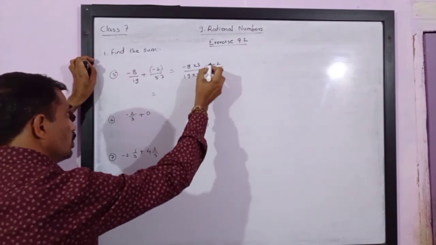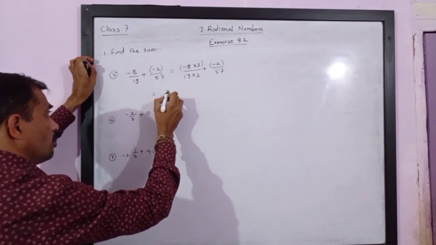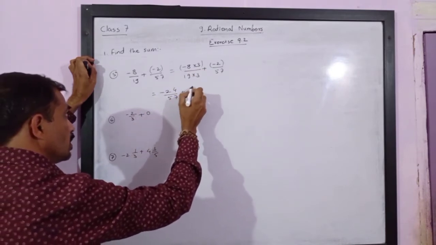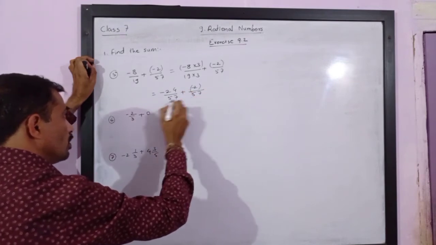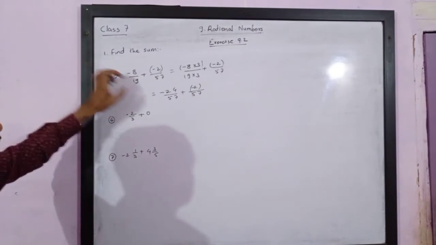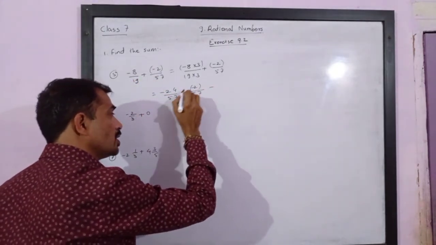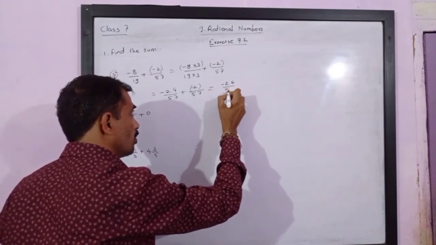This is equal to 8 threes are 24, negative, upon 57 plus negative 2 upon 57. Now note, denominators are same, so numerators can be added. We will get negative 24 plus negative 2 is negative 26 upon 57.